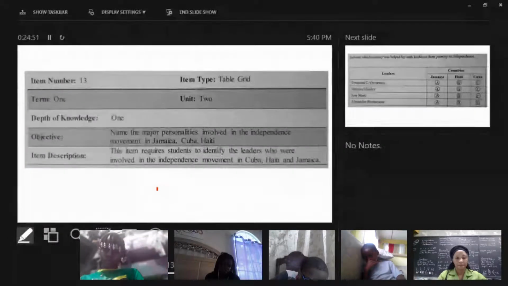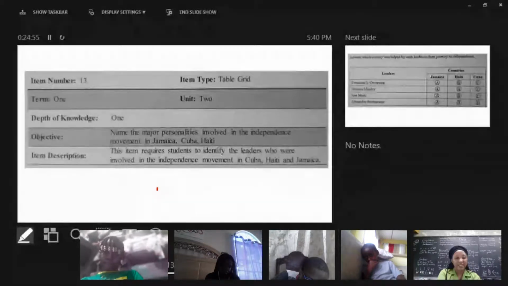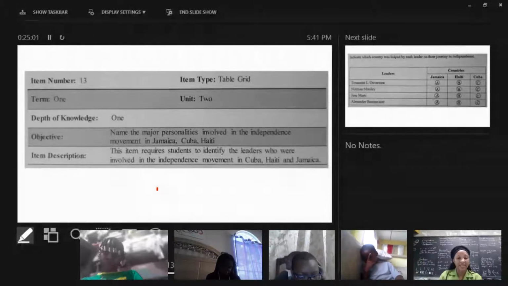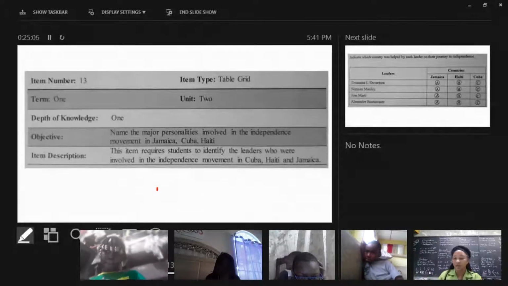Item 13, which is a grid type question. The objective is to name the major personalities involved in the independence movement in Jamaica, Cuba, and Haiti.